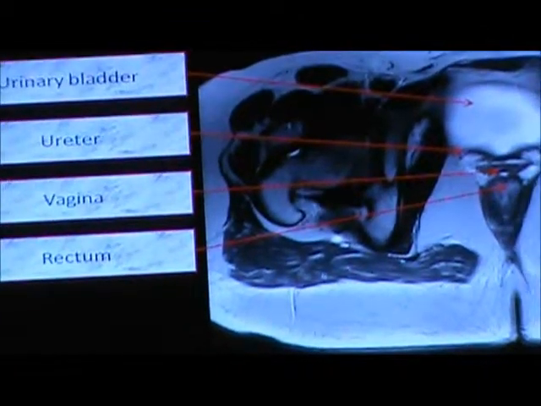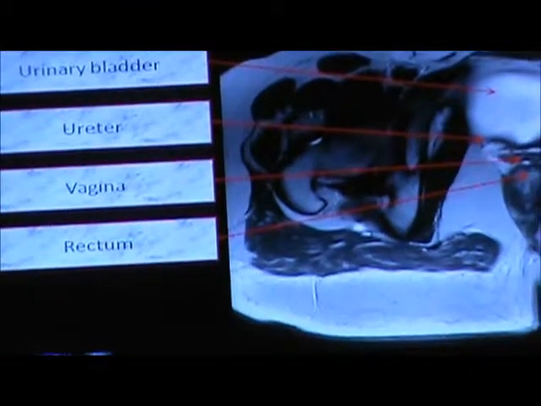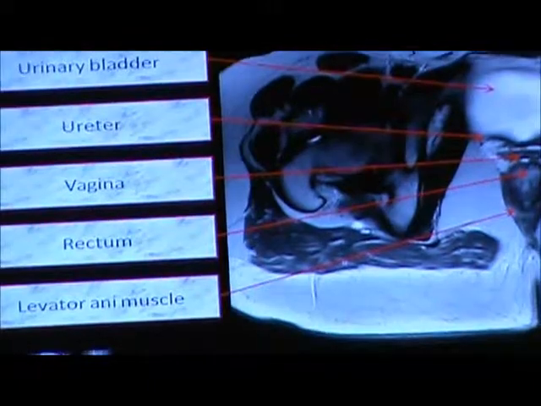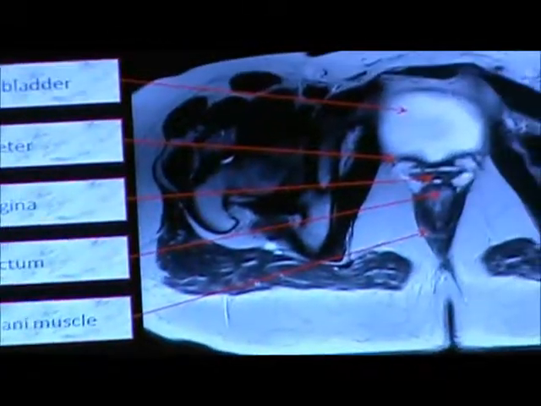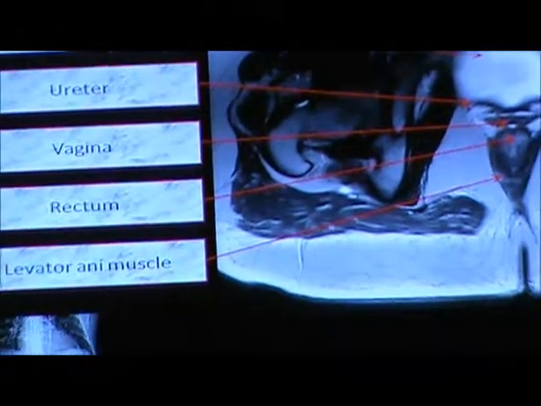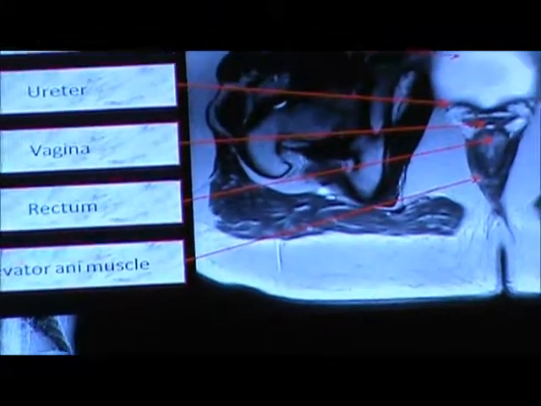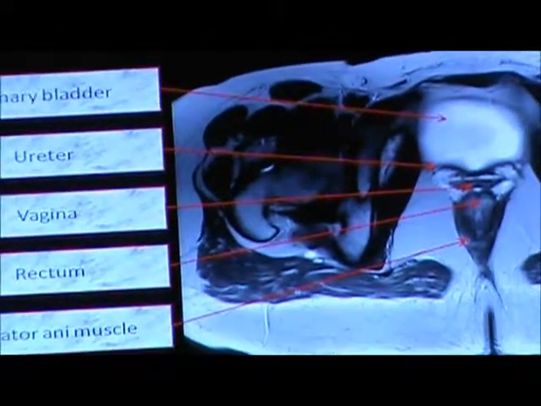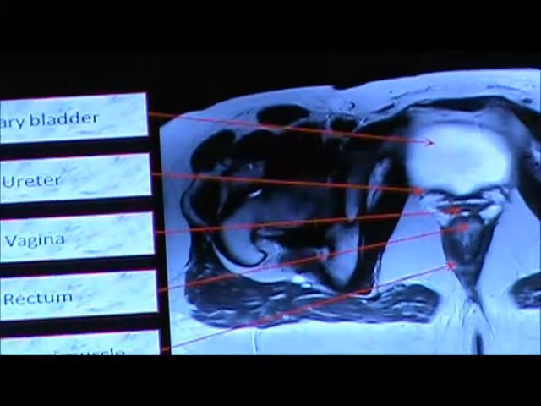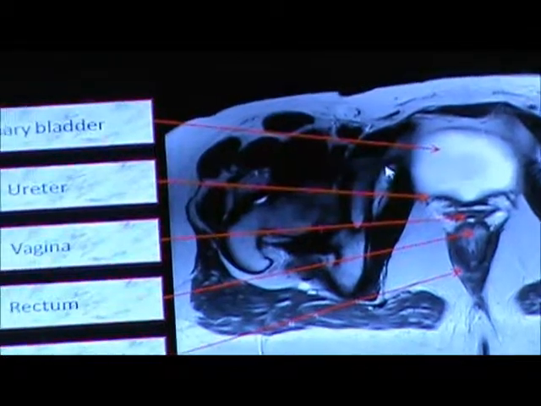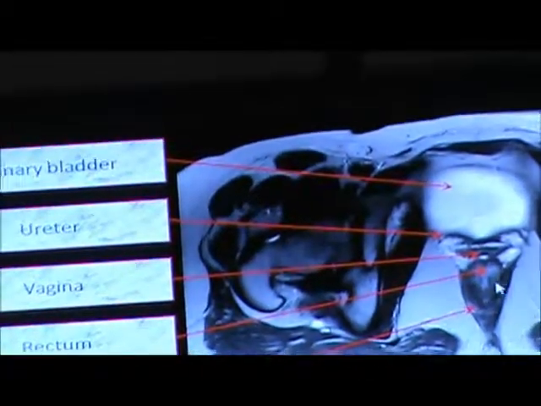Posteriorly to the vagina we have the rectum, of course, and the muscles that surround it create the narrowing of the ampulla and also the walls of the anal canal, the anal part of the rectum.